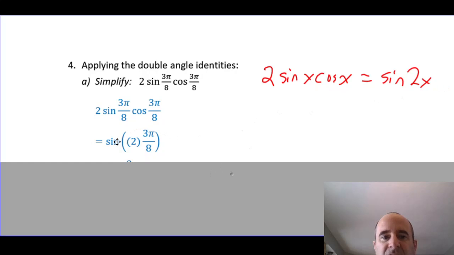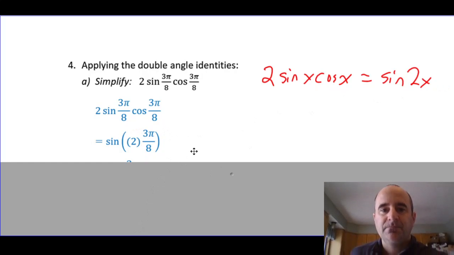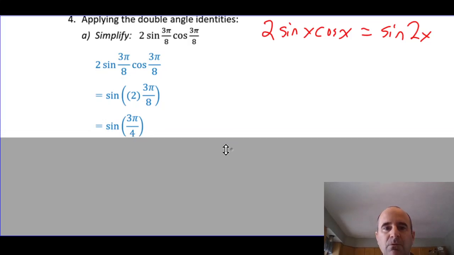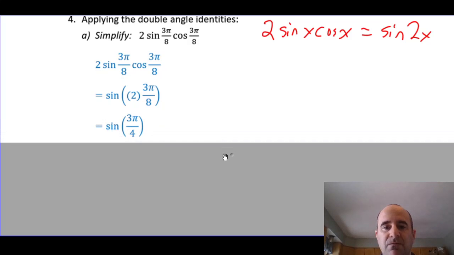Instead of sine 2x, I have sine 2 times 3 pi over 8. Well, of course, that's the sine of 3 pi over 4. That is one of those special angles.